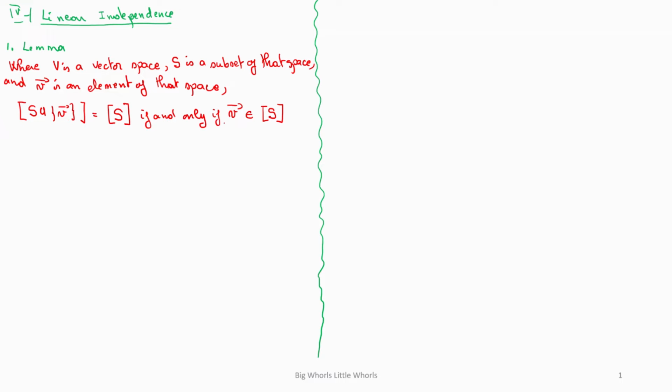That means v is already in the span of S. So adding a vector that is already in the span of S does not make the span any bigger. Actually, that is what the lemma means. Is that okay? So let's continue.